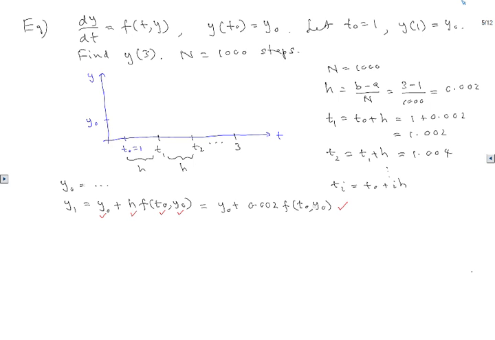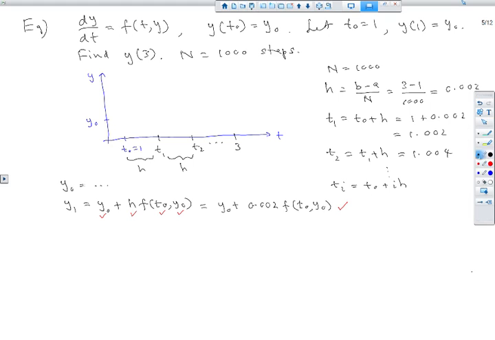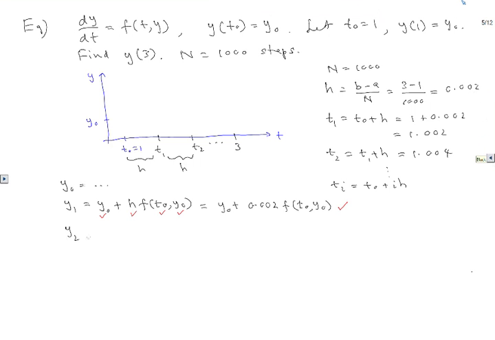Now what we're going to do, we're going to go to the next level. So we're going to calculate y2, which is y1 plus h times f of the next value, so it is t1, y1, and then you can see that we know all the values.